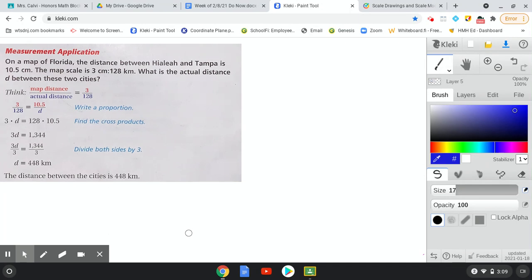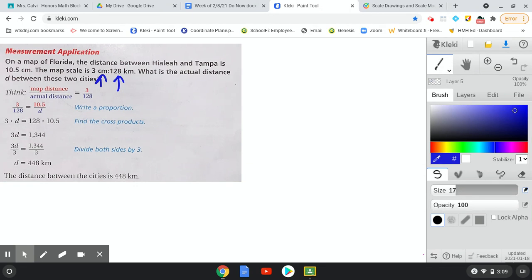The map scale is 3 centimeters to 128 kilometers. So what that means is the 3 centimeters is the model, and the 128 is the actual. So for every 3 centimeters on the map, that is equivalent to 128 kilometers.